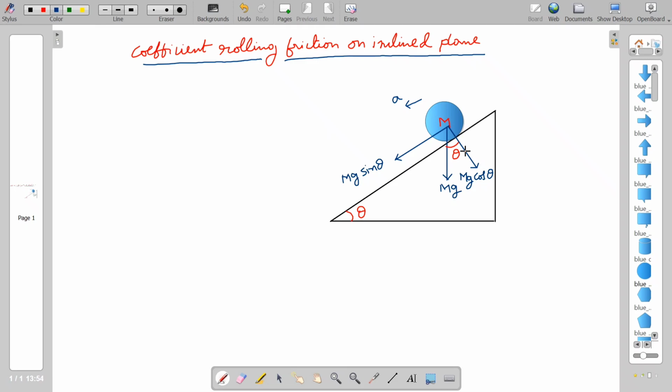Here, this rigid body is in rolling motion. It is possible only under friction.